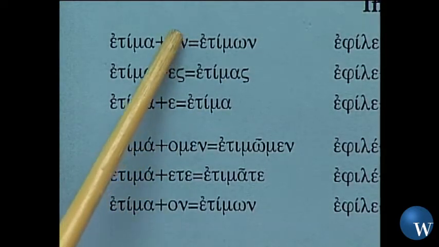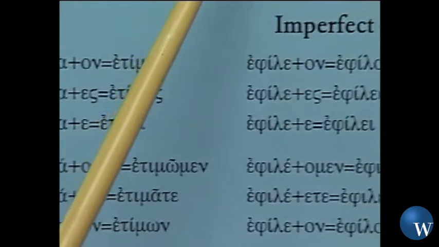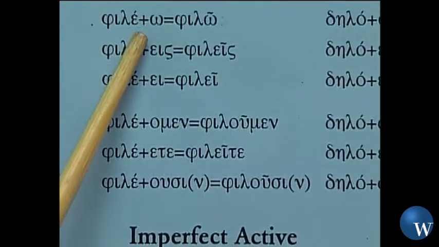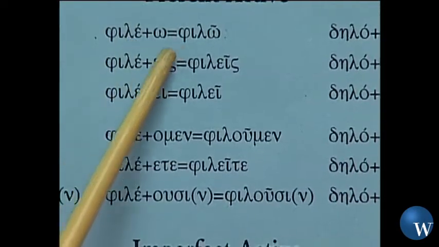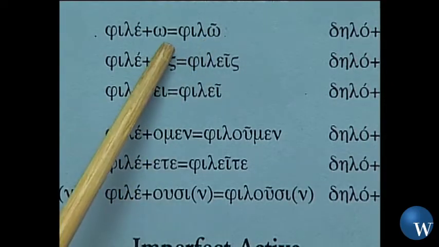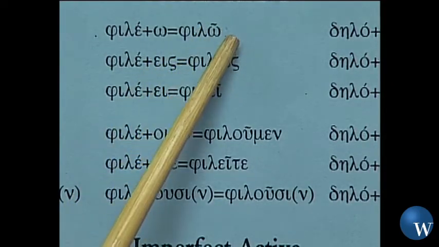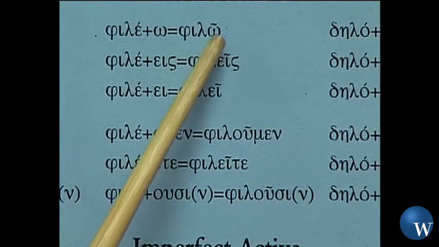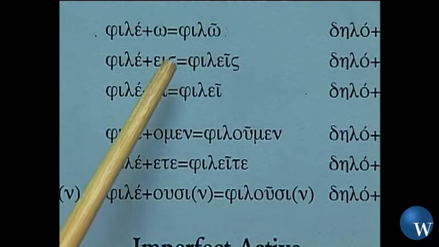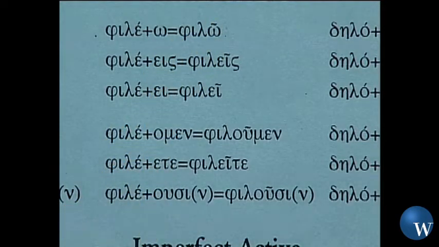And then now let's go back up to the present active up here. The same thing happens on a word like phileo, okay? The epsilon drops out and the omega gets lengthened. You can see that by the circumflex stress being placed upon it, okay? So if you follow this through all the way down, you would see how those words play out.